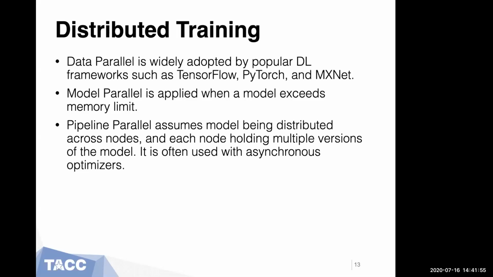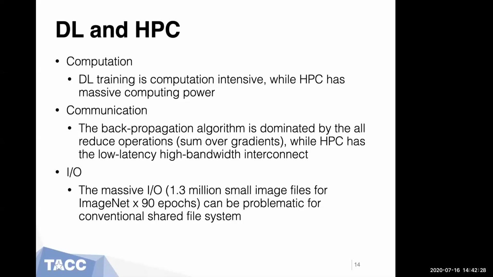Pipeline parallel assumes the model is distributed across nodes, with each node holding multiple versions of the model, and is often used with asynchronous optimizers. So in reality, if you want to start using deep learning, I would say you start with data parallel, unless you have a really large model and want to try model parallel. Unless you're a CS researcher, I wouldn't recommend starting with pipeline parallel. Okay, cool. So yeah, deep learning and HPC.